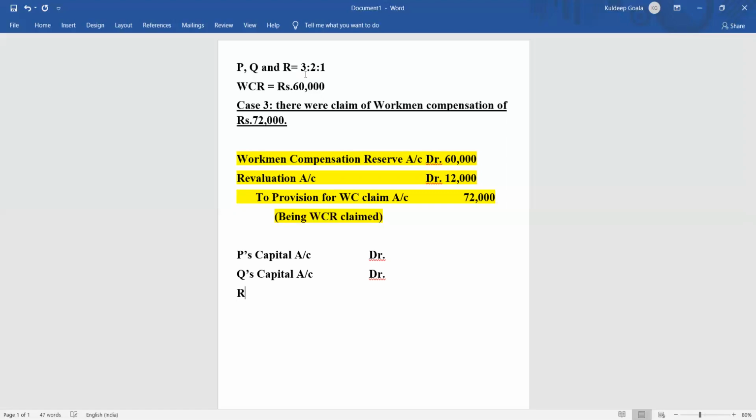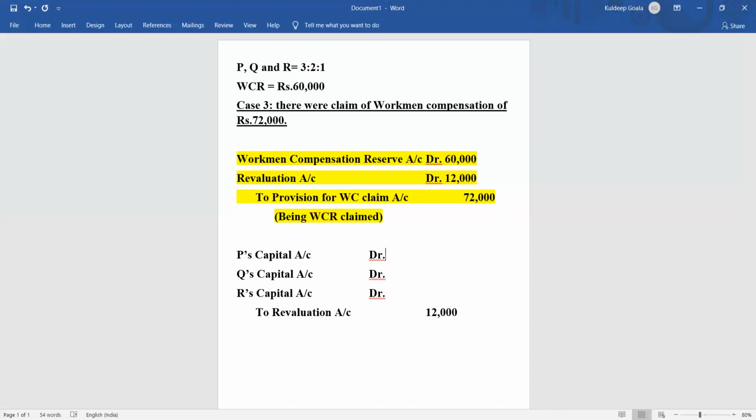R's capital account debit to revaluation account, 12,000, right?